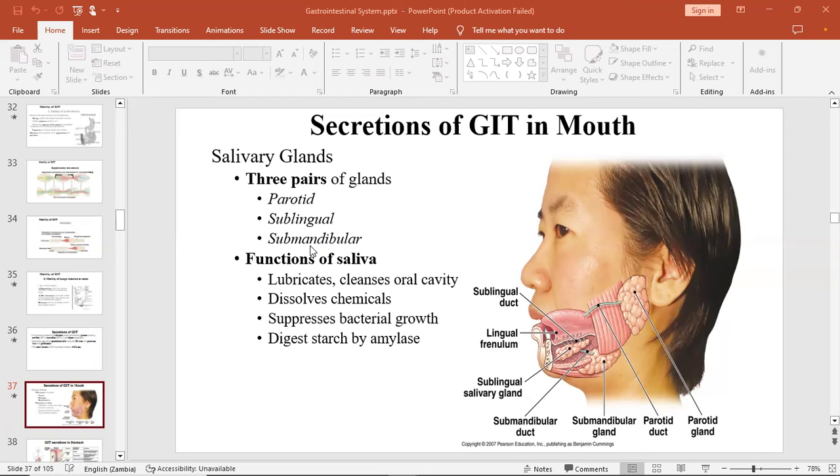And then it's also able to suppress bacteria. Remember, I always say that's the first level of defense. You know, when you look at it, the GIT also participates a lot in terms of immunity. When you ingest something, the GIT is responsible for making sure that whatever you consume, if it's infected, it will try by all means to neutralize it.